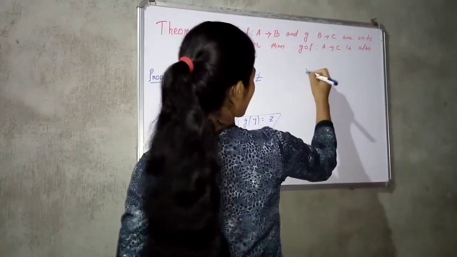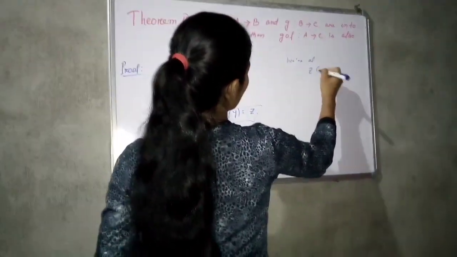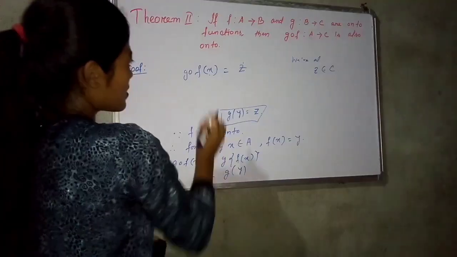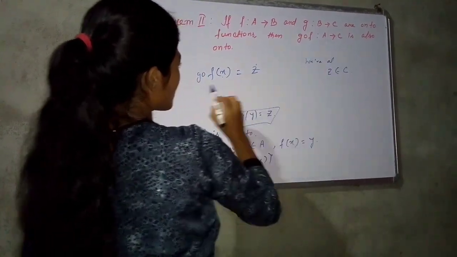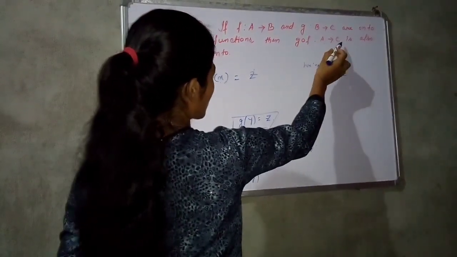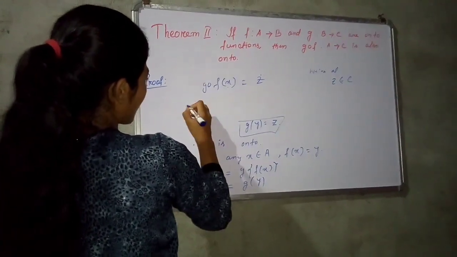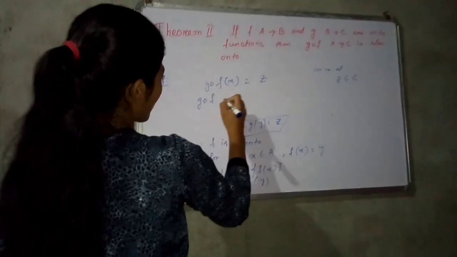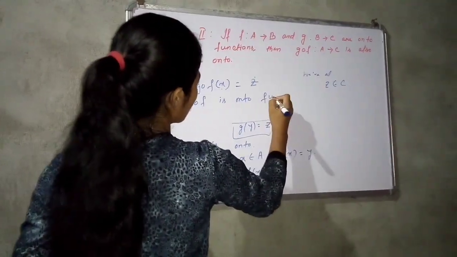We have already taken that z belongs to C. For any element x in A, we get another element g naught f of x equals z, which is in C. Therefore, we can directly say that g naught f is an onto function.